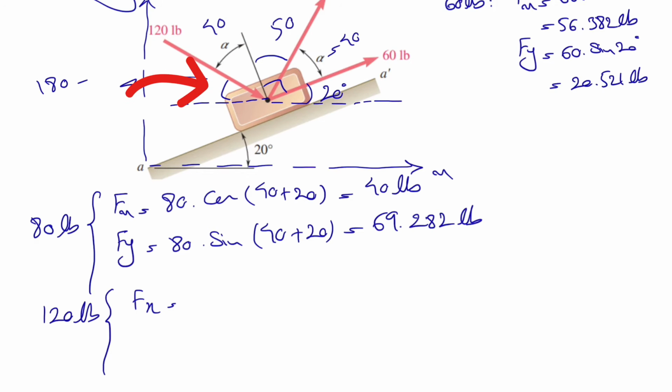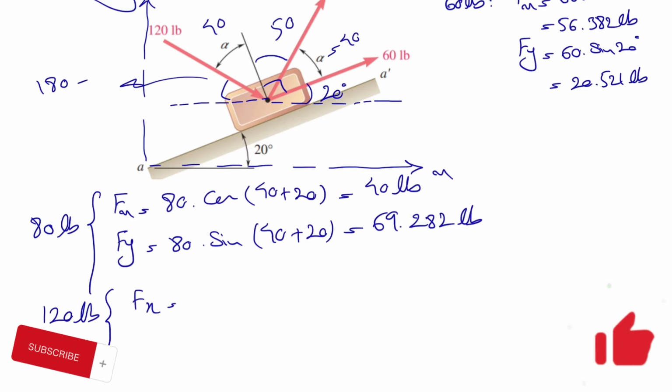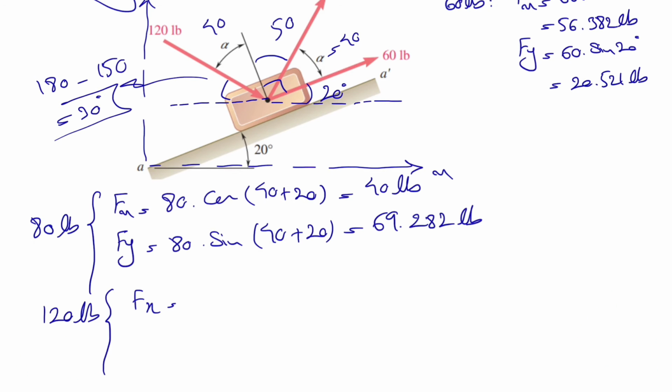And then if we want to find this angle, we simply have 180 minus the rest of these angles that we have in here, and that would be minus the sum of 40 plus 50, which is 90, plus 40 plus 20. So we'll have 90 plus 60, which is 150, and this angle here will be 30 degrees.